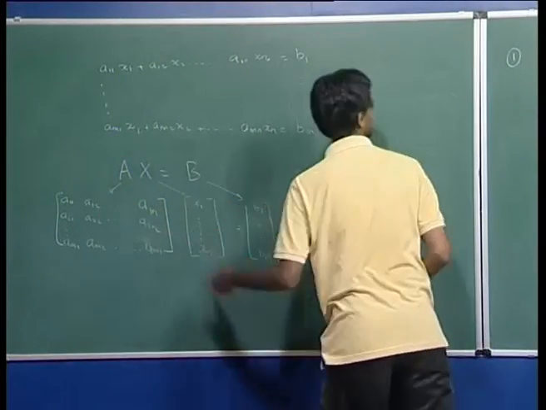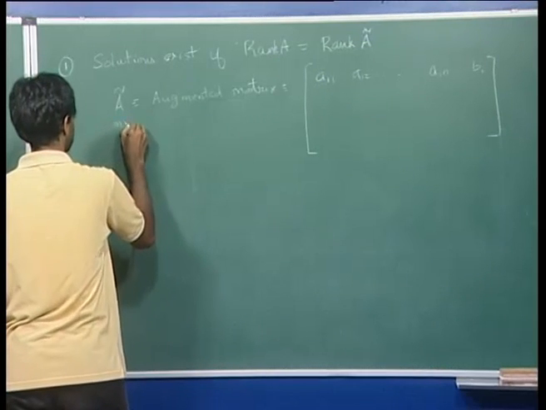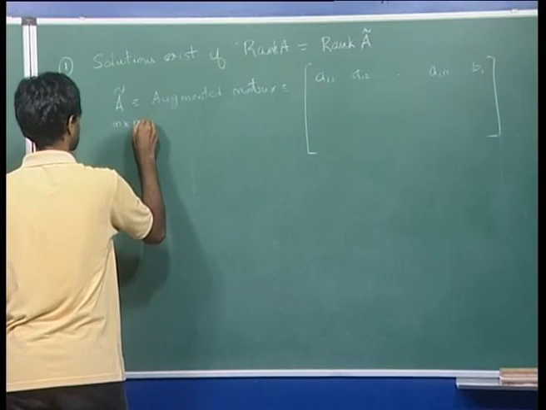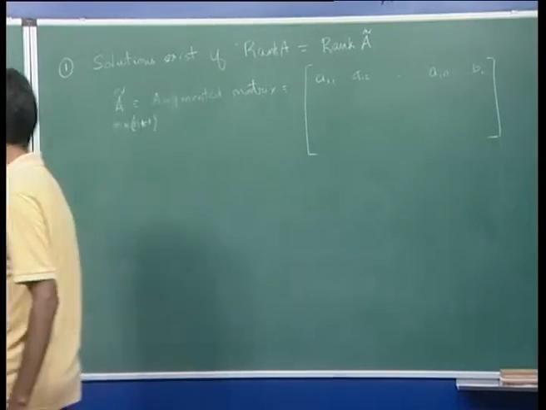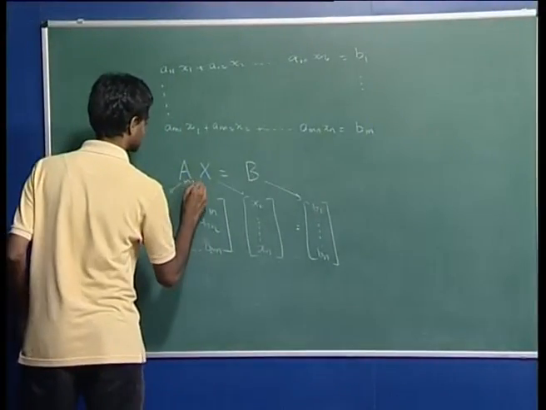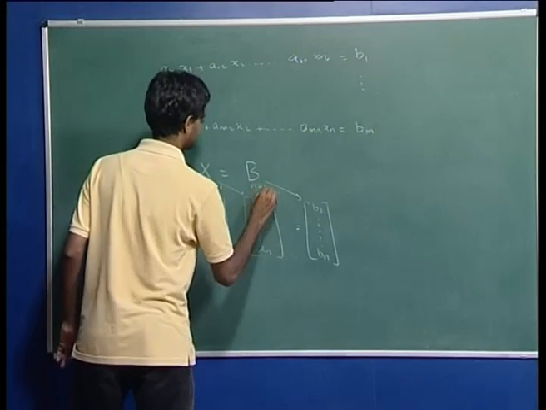Okay. So, you have an m cross n plus 1 matrix. So, there are n plus 1 columns to this. So, this had m cross n, and this is m cross 1. Okay.